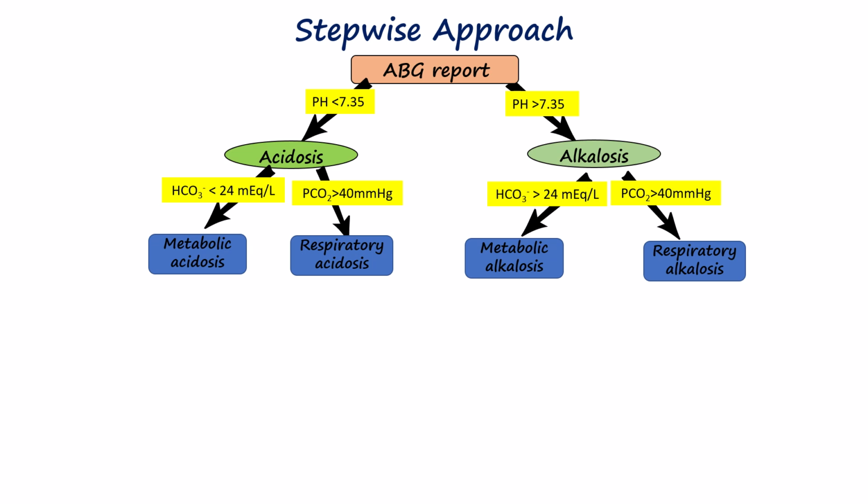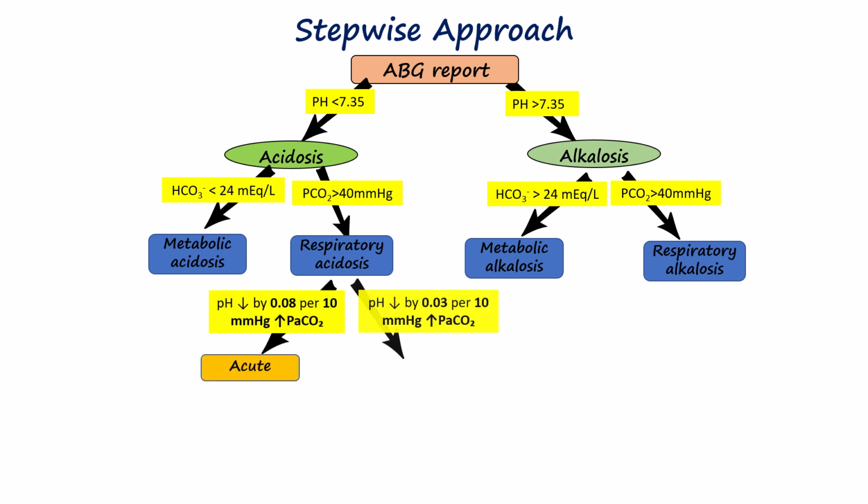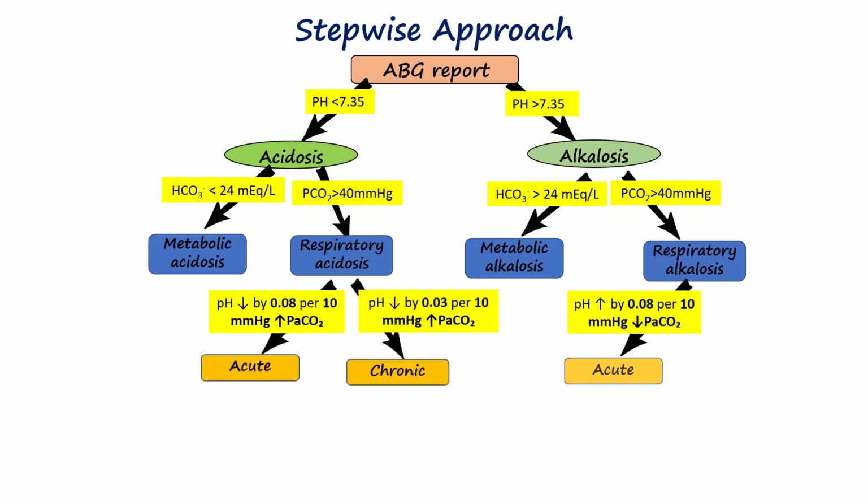If it turns out to be a respiratory issue, we then check whether it is acute or chronic by comparing the actual pH change to the expected compensation. For example, in acute respiratory acidosis, the pH drops about 0.08 units for every 10 mm of mercury increase in PaCO2, while in chronic cases, it only drops around 0.03 units because the kidneys have time to compensate.